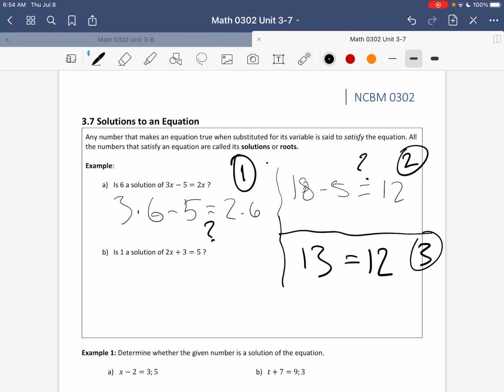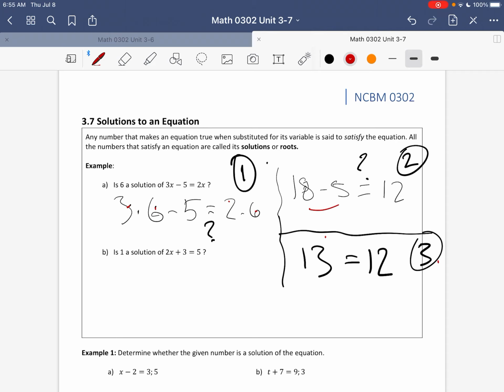Then in step 2, we did the multiplication. 6 times the 3 is the 18 minus the 5 equal to 2 times 6, so that's the 12. And then in the very last step, we did the 18 minus the 5, which is the 13. On the right-hand side, there was no further simplification to do.